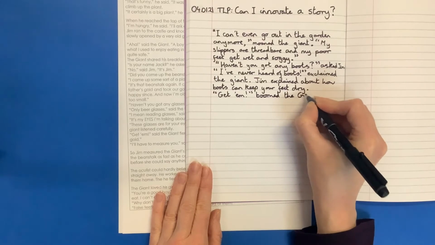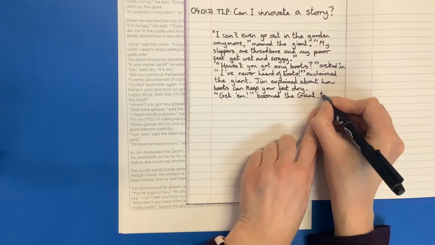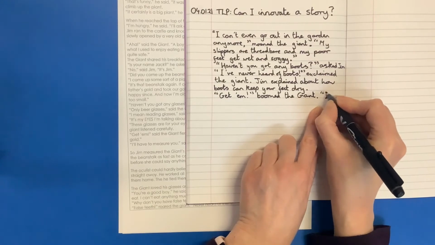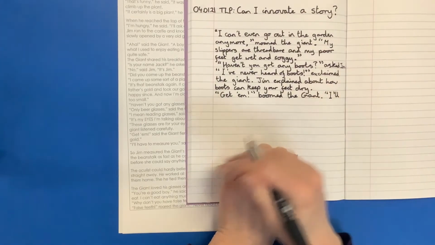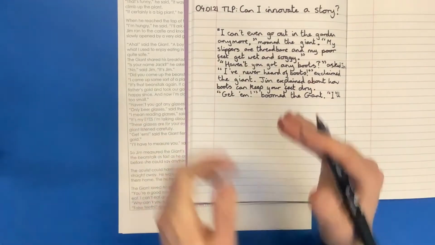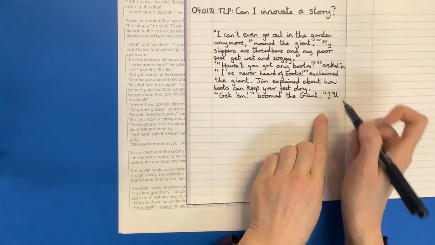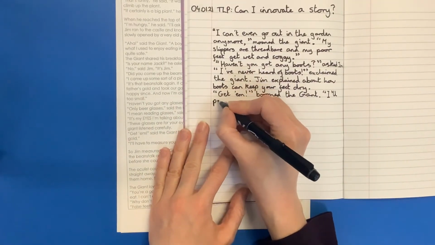I'll pay good gold. So full stop there, new bit of speech. I'll, another contraction. It's because people are talking, and when people talk, they don't say, I will pay good gold. They shorten things, don't they? They run them together, which is why we're getting a lot of contractions. I'll pay good gold.